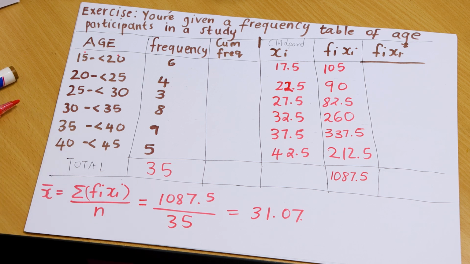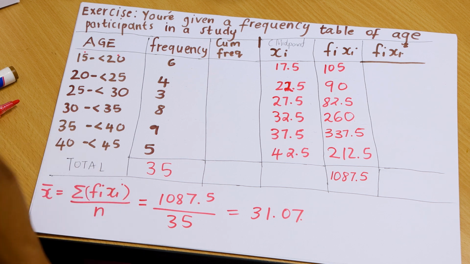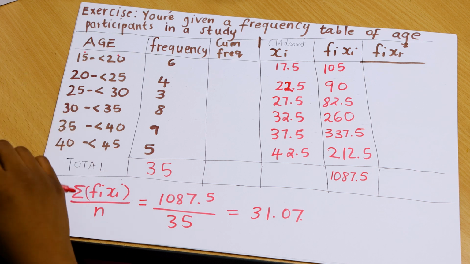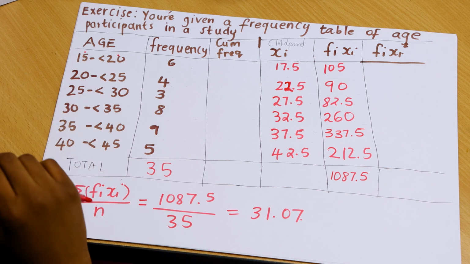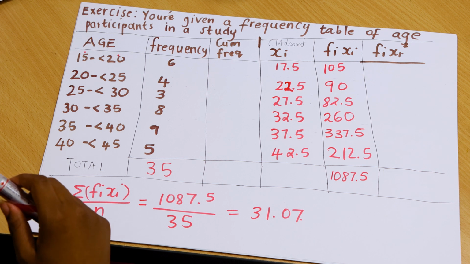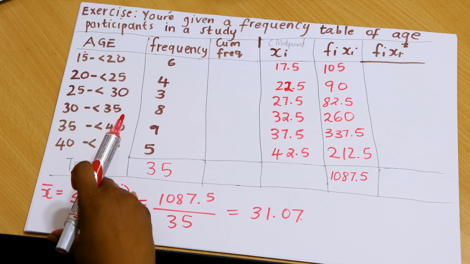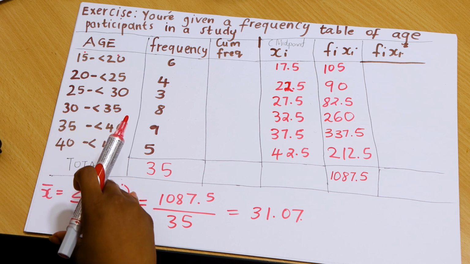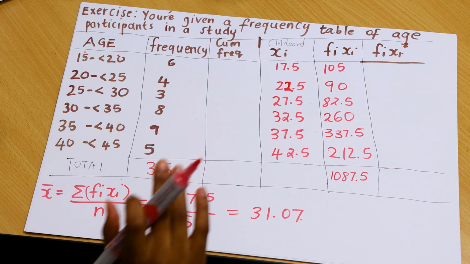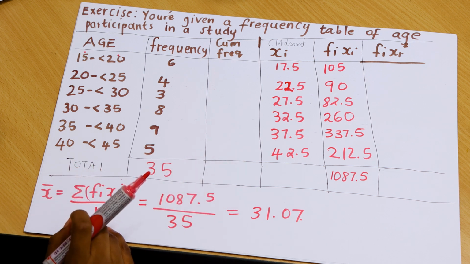Now, the second question wants us to calculate the median. It says calculate the mean, the median, and the mode. So how do we calculate the median? In order for you to calculate the median, there are 3 steps. The first step is to find the median interval by using the cumulative frequency.